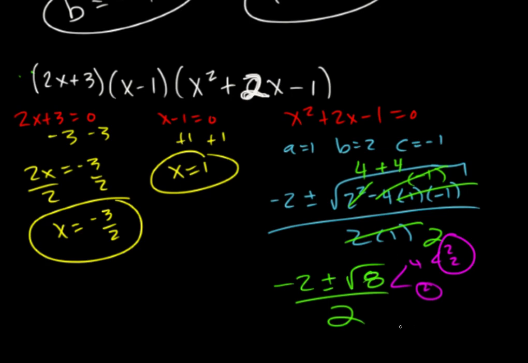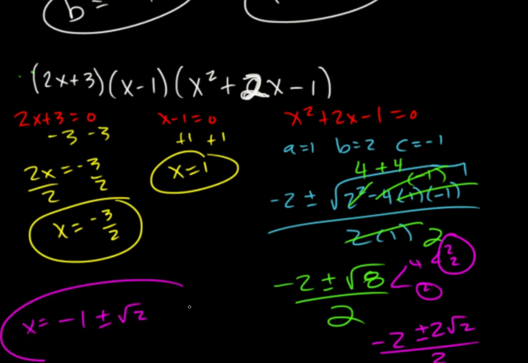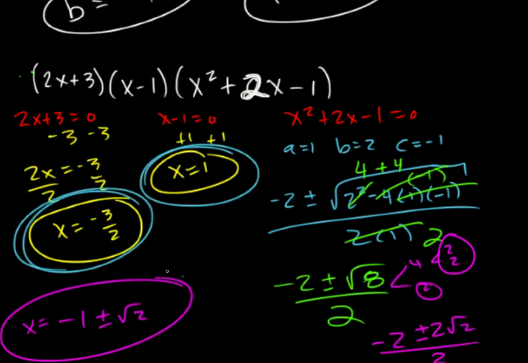A pair of 2's comes out, so it's 2 root 2. Those can be divided by 2, so we get negative 1 plus or minus root 2. And so everything circled in blue are roots.